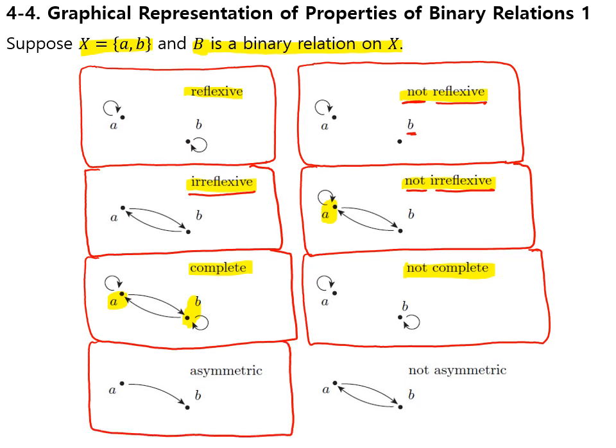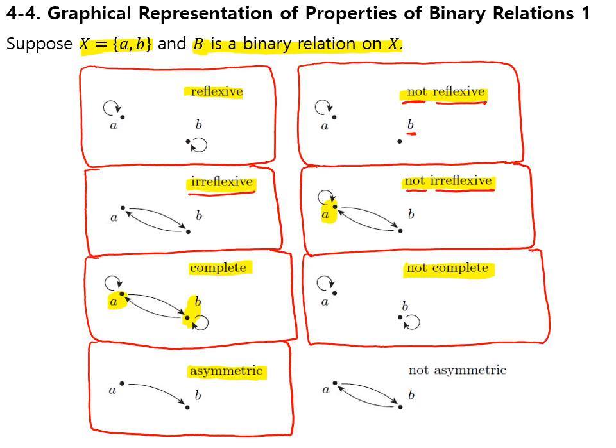So this is an example of a relation that is asymmetric. Okay? And remember what asymmetry said? Asymmetry basically said that if some element is related to another element, then that latter element is not related to the former element, the previous element, right?